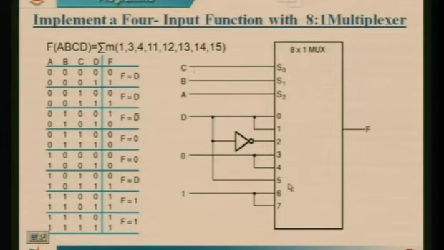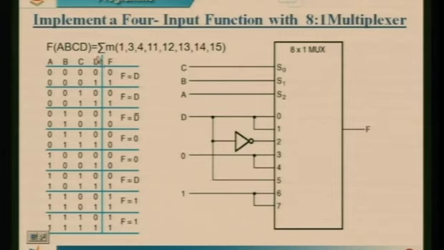Coming to the input side. So these are the selection inputs, these are the outputs. So how many inputs are there in an 8:1 mux? We have 8 inputs. So we name them 0, 1, 2, 3, 4, 5, 6, 7. For the 0th input, that is the first input, what should be connected? D. D is a variable.